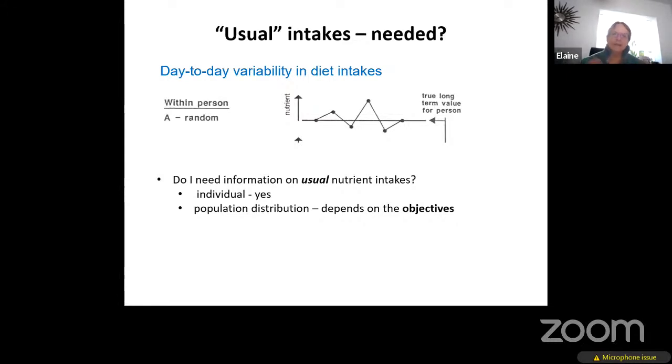But if we're looking at epidemiological purposes, for example, estimating the mean nutrient intake of a population, it really depends on the objective of the study, whether we need to collect information over enough days to be able to estimate usual intakes.